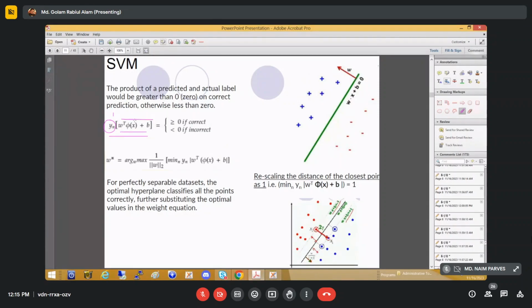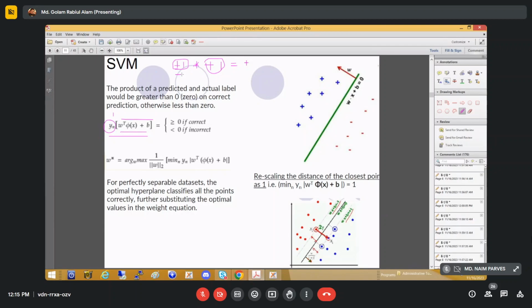Now if we multiply these two: if originally the class label is positive and our predicted value is also positive, then we get a positive result.